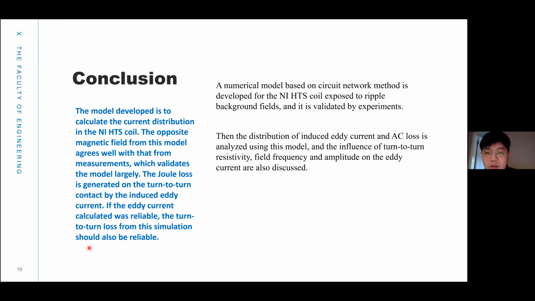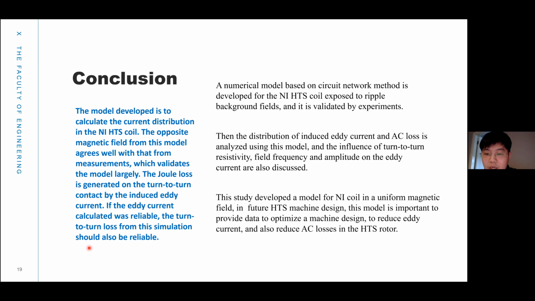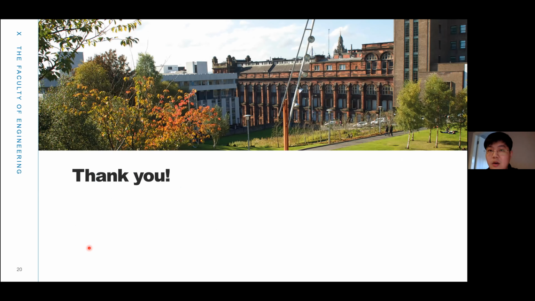This study has developed a model for the NI coil in a uniform magnetic field. In future HTS machine design, we can use this model for a specific machine design. This model is very important to provide data to optimize a machine design, to reduce eddy current and AC losses in the HTS rotor. Okay, thank you.